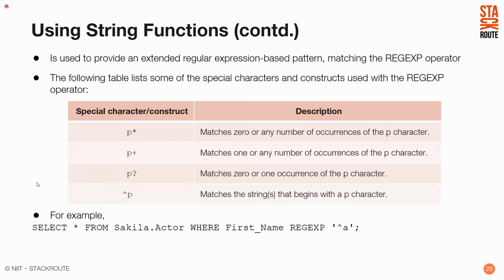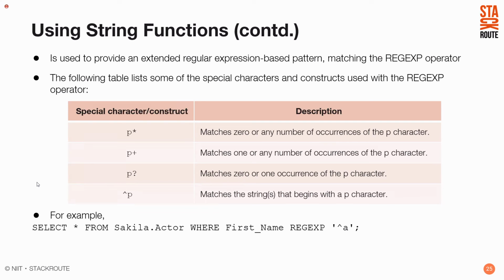Listen, continuation of your regular expression. So in order to go for pattern matching, for string data type under string functions in MySQL, we have this REGEXP pattern matching. So these are the special characters: asterisk, plus, question mark and caret. P asterisk indicates it matches with zero or any number of occurrences of the P character.